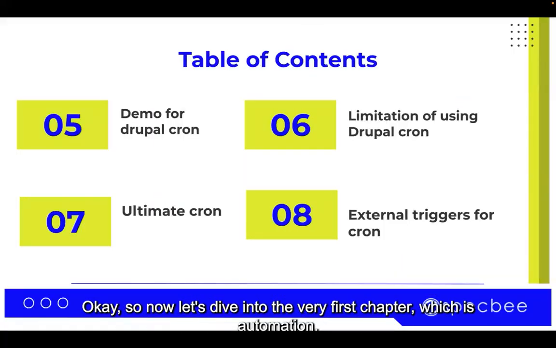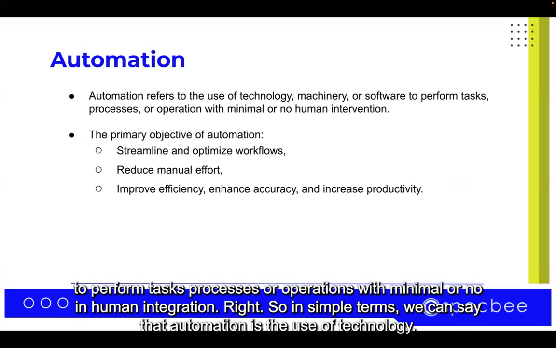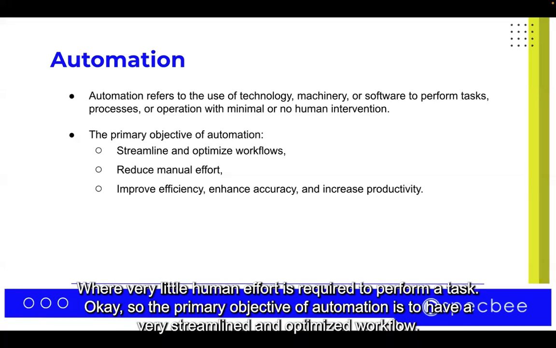Now let's dive into the very first chapter, which is automation. So, what is automation? Can we say that automation refers to the use of technology, machinery, or software to perform tasks, processes, or operations with minimal or no human intervention? In simpler terms, automation is the use of technology where very little human effort is required to perform a task.